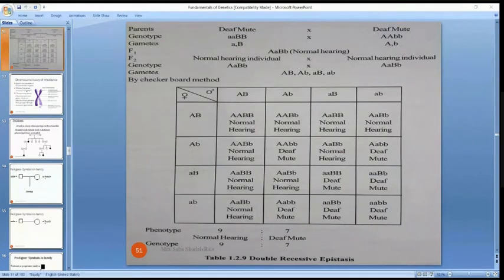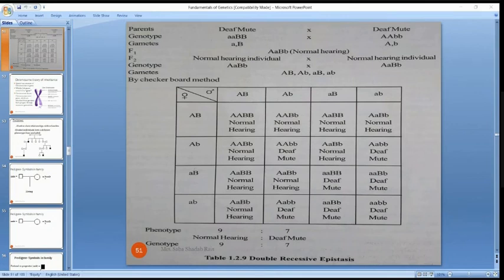So let us revise the new ratios designed with epistasis. The normal Mendelian ratio is 9:3:3:1. But in the case of the dominant epistasis, single dominant I'm talking about, our ratio will be 12:3:1.